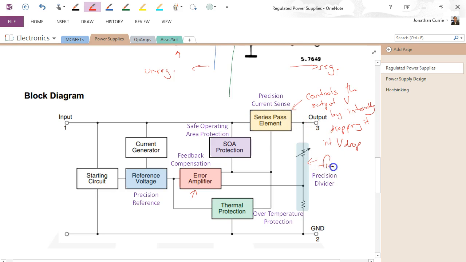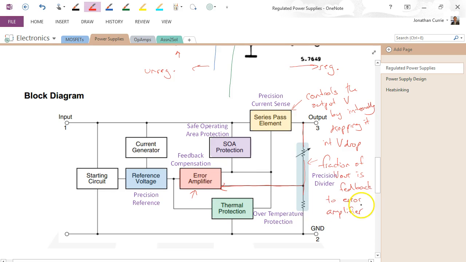Now, how much you drop internally depends on what your output voltage is. So a fraction of V out is fed back to, alright, so here's our voltage divider. It's a precision divider, so it's all internal, and a fraction of that is fed back to an error amplifier.